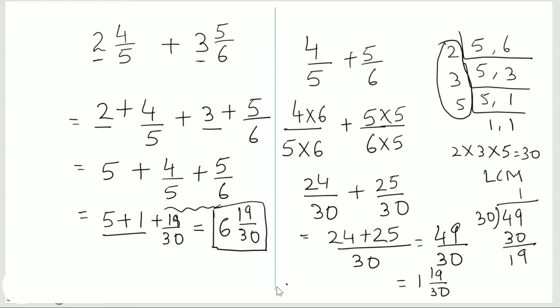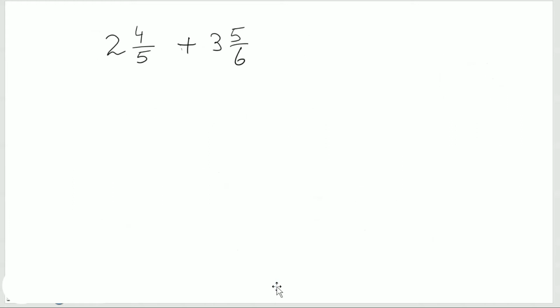Now the other way is converting the mixed fraction into improper fraction and then add them. So let's see how to do that, and I'm going to take the same example. To do this, we have to multiply the denominator, that is 5, by 2, and then whatever answer you get, you have to add to the numerator. So it's like 5 times 2 plus 4 and the denominator remains as it is.